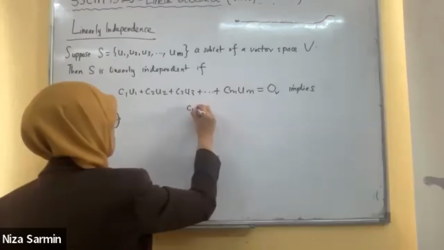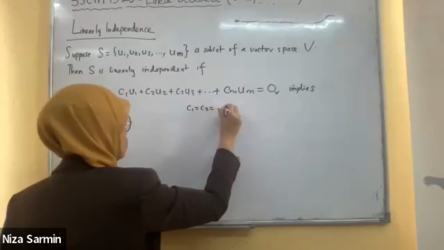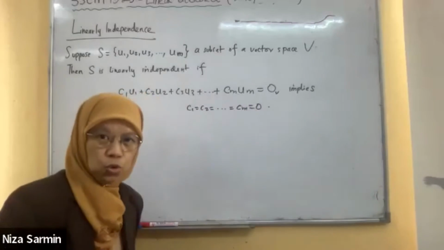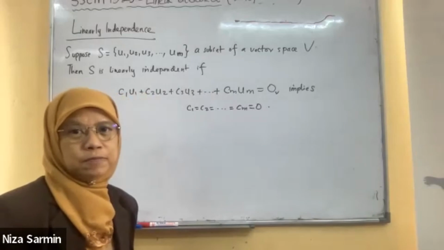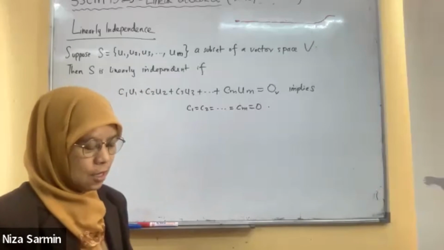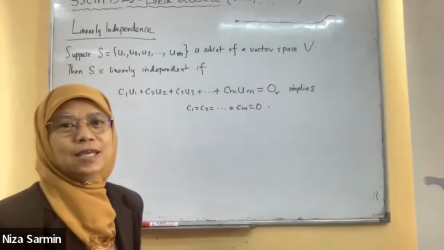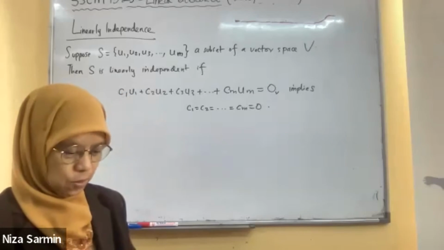Implies all the C1, C2, they are all 0. Okay, that's it. If they are not 0, we call it linearly dependent.